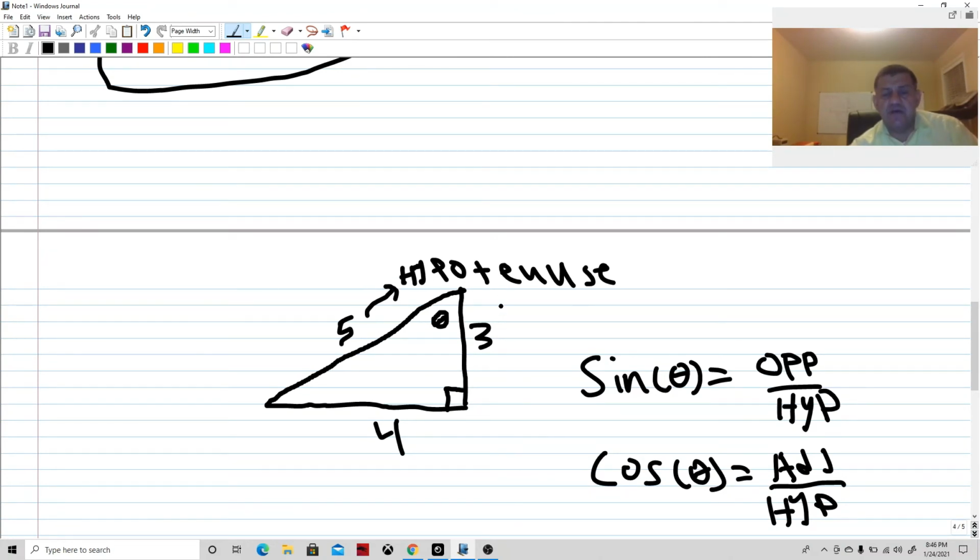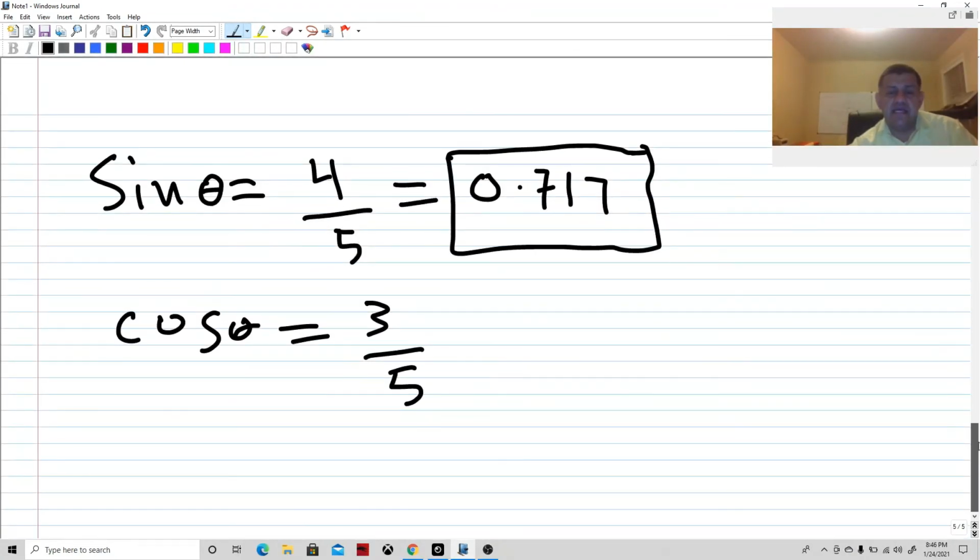This is the hypotenuse, and this is the adjacent. So the adjacent of the angle is 3, and the cosine is the ratio of 3 over 5, with 5 the hypotenuse. That gives you a number: 3 over 5 is 0.82.